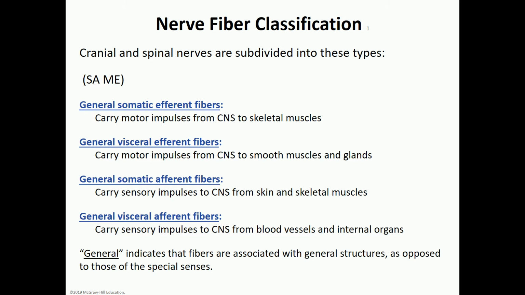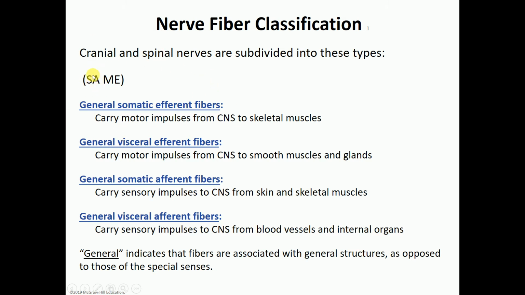So any structures related to smell, vision, taste, hearing, or equilibrium would get their innervation from your special nerve fibers. Anything else would get innervation from the general fibers.